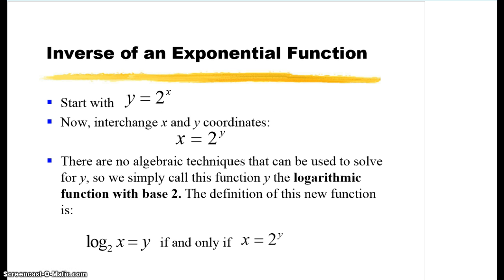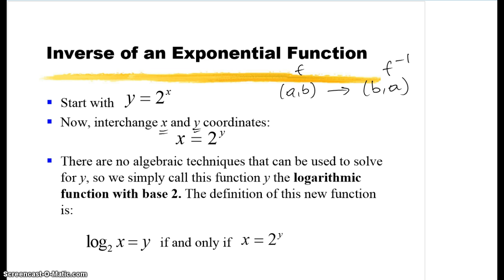So let's start with y equals 2 to the x. Let's find this inverse. And we do what we did before in Algebra 2, which you've probably seen in high school or in your last math class. You interchange x and y coordinates, right? Remember, we said that if (a, b) is a point on the graph of f, then (b, a) is a point on the graph of f inverse.